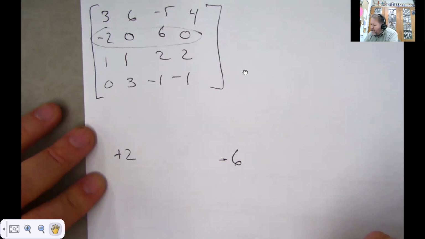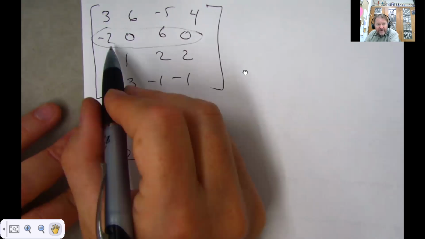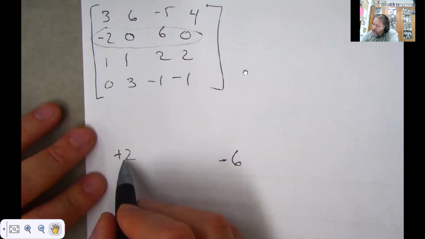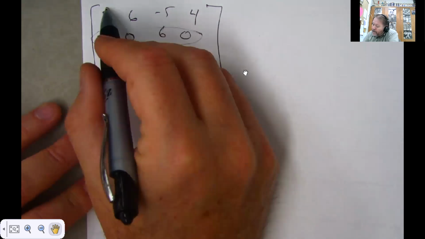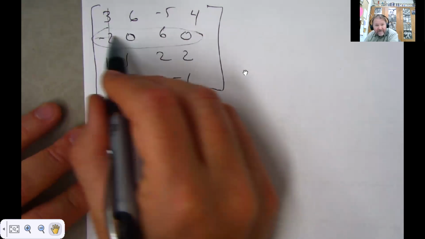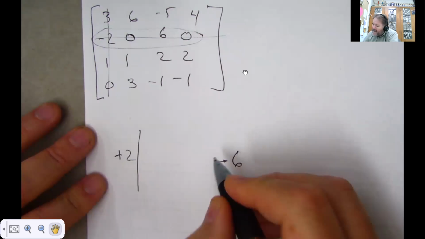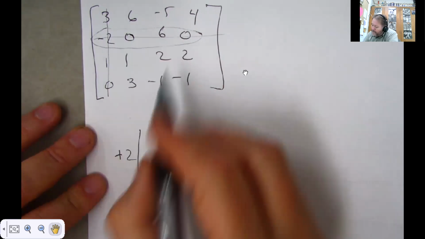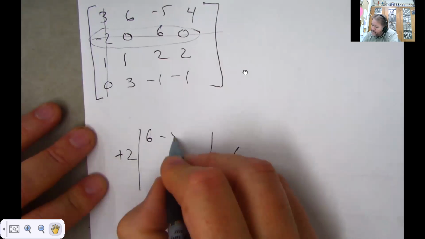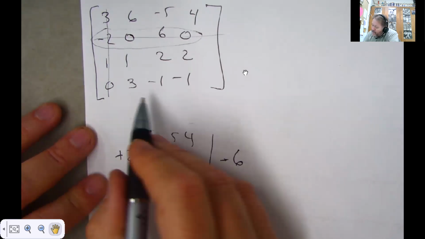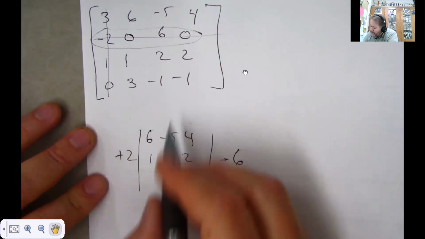Now, that entry right there, that 2, corresponds to that positive 2. We're going to cover up the whole row and the whole column that contains that. The remaining 3 by 3 I have is 6, negative 5, 4, 1, 2, 2, and 3, negative 1, negative 1.